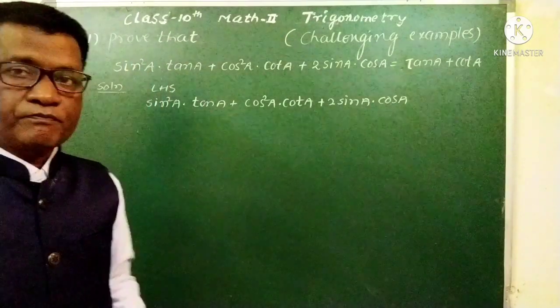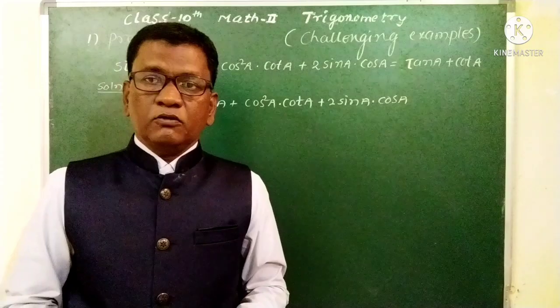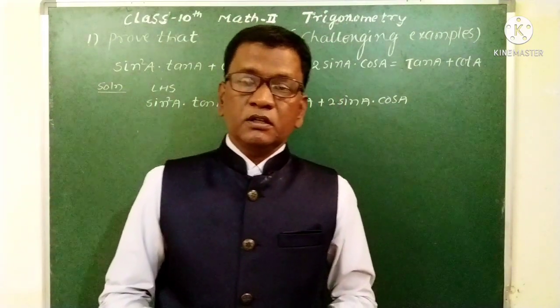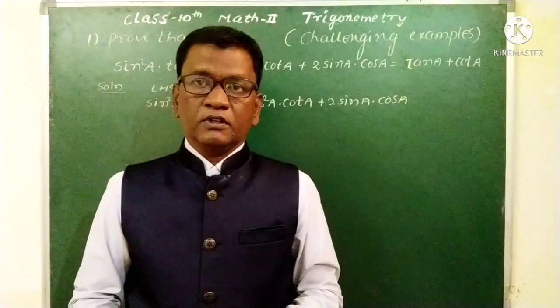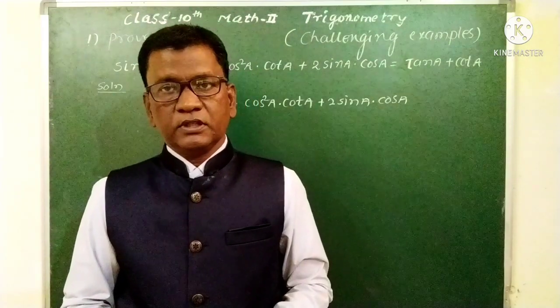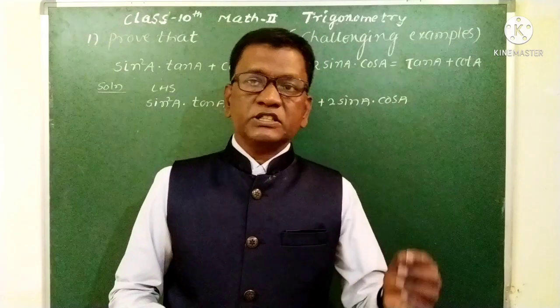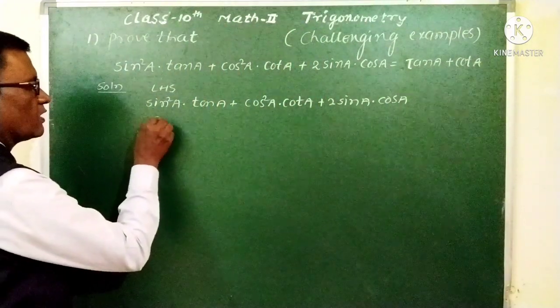In the first step, what is the formula for tan theta? We know in practice set 6.1, or some trigonometric formulae, tan theta is equal to sin theta upon cos theta and cot theta is equal to cos theta upon sin theta.